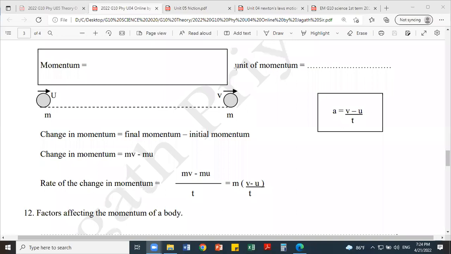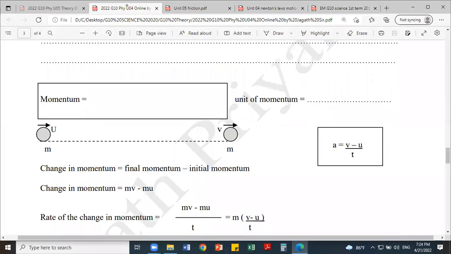I'll stop sharing again. Can you see the screen now? Yes, sir, we can see clearly. Okay, right.